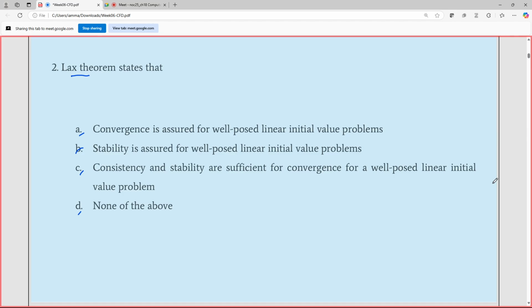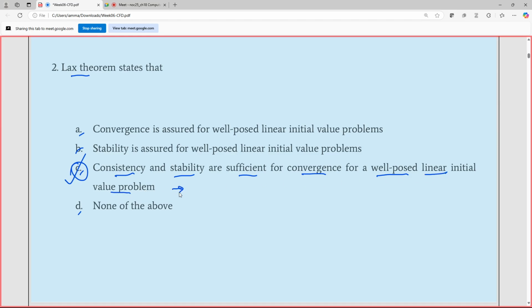So our answer is option C. The Lax theorem states that consistency and stability are two conditions that are sufficient for the convergence of a well-posed linear initial value problem.